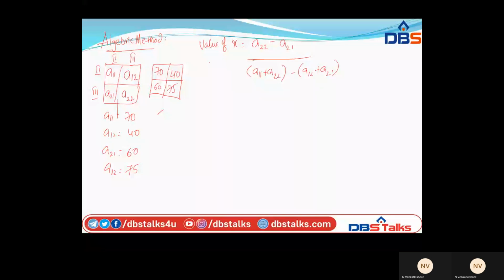We need to find the value of x and the value of 1 minus x. After that, value of y and value of 1 minus y. These four values are to be found out. Since we are using the algebraic method, we need to use the formula.